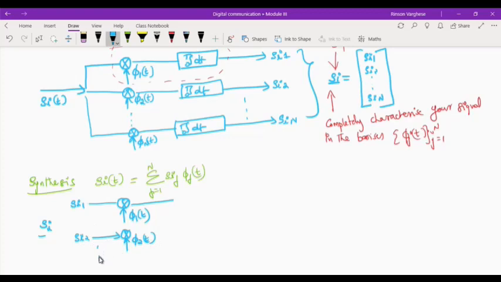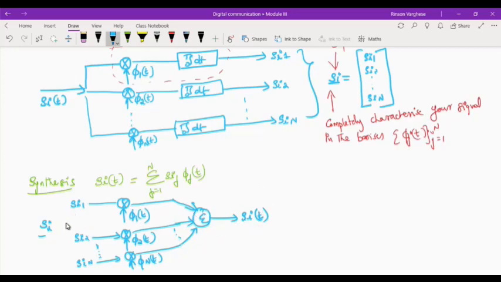Similarly, we have s_in multiplied with the nth basis. Now add all of them together. This will give you your signal s_i(t).